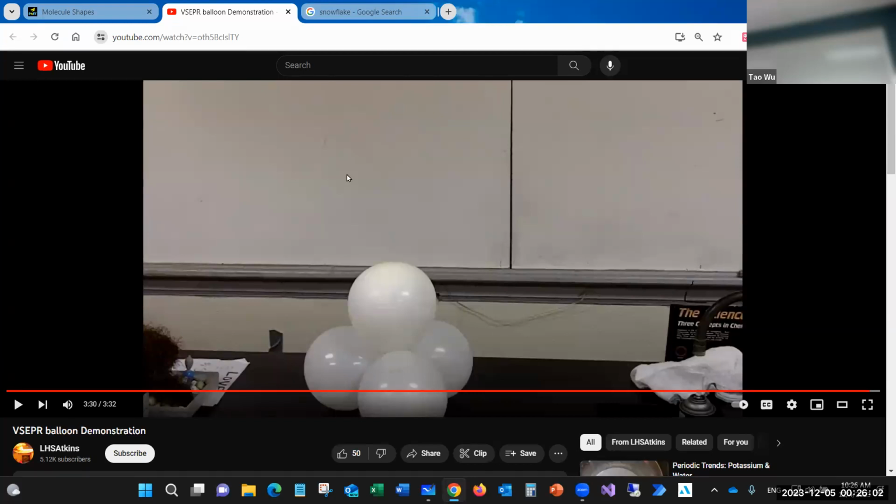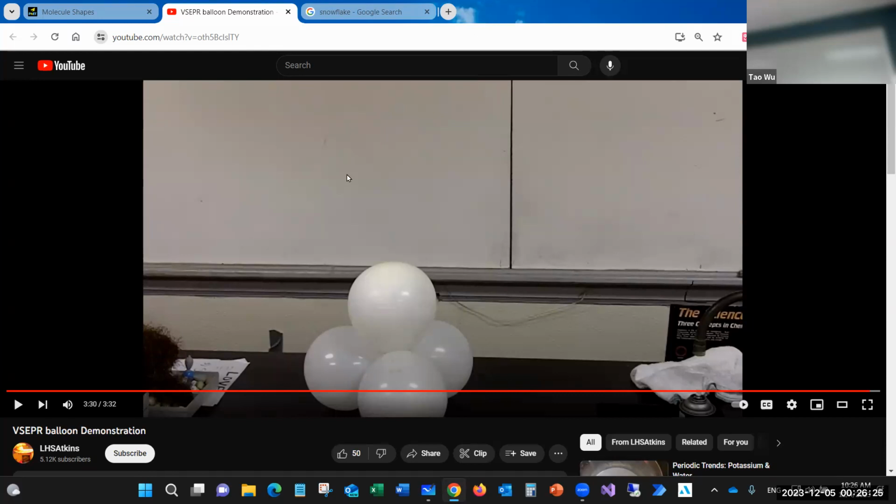Okay, yeah. And the last one has 6 repulsions among the central atom. Okay, so this is the most complicated structure that occurs. The central atom can have 6 repulsions. This is the maximum.